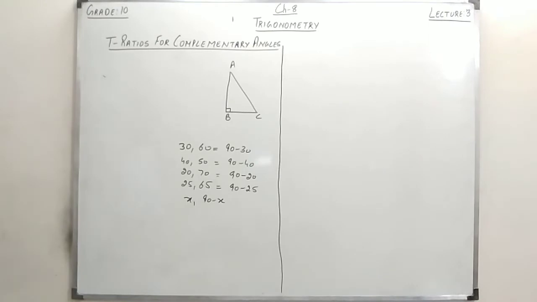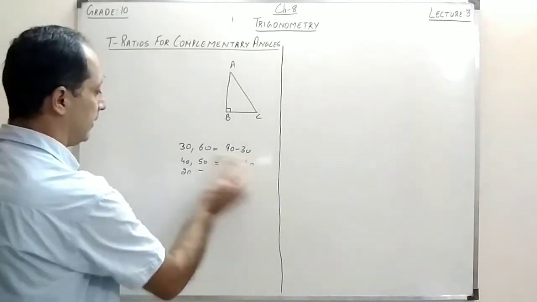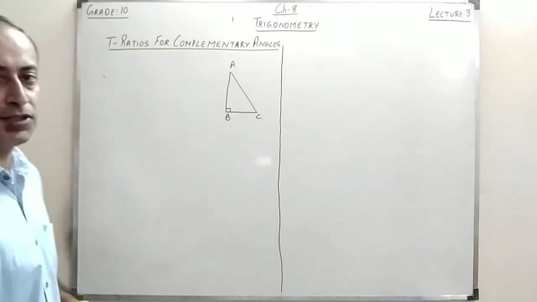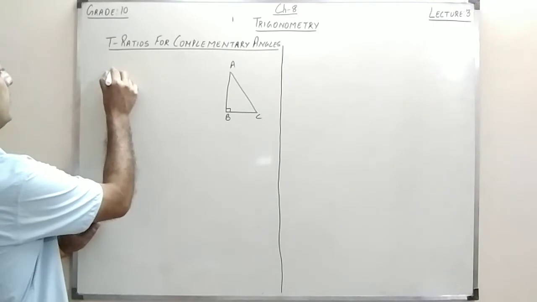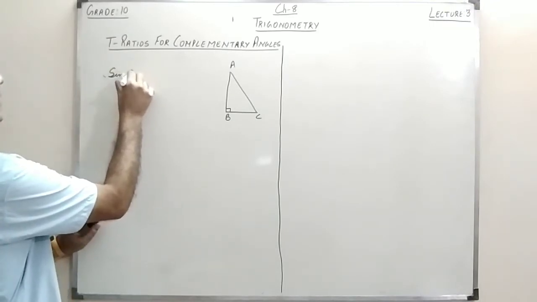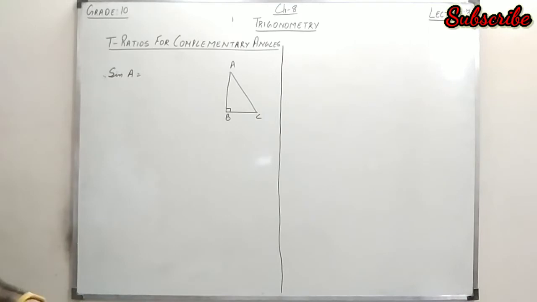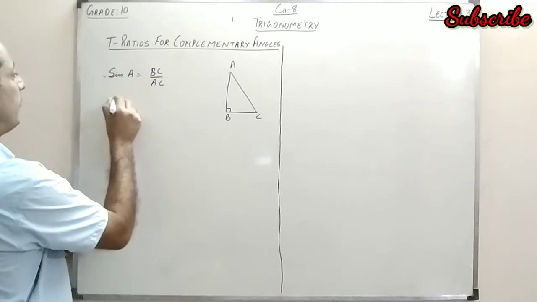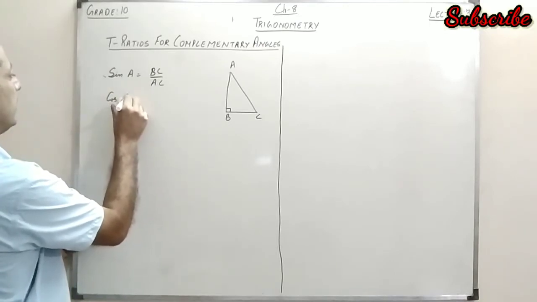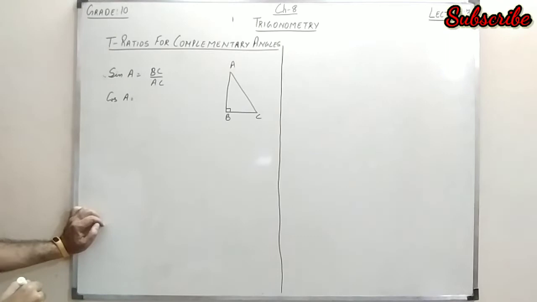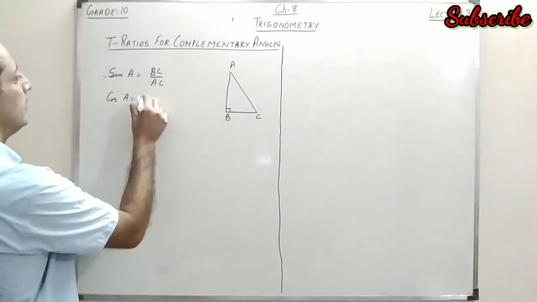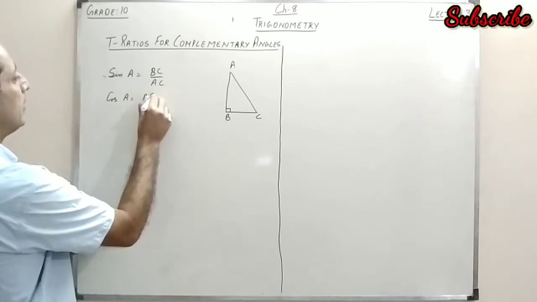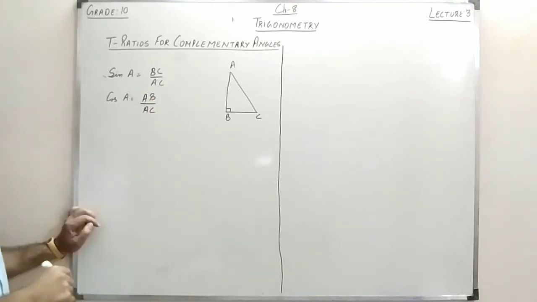Now we'll derive some relations here for the complementary angles. But before that, let's go back to what we discussed in the first lecture of trigonometry. Sine of angle A is opposite upon hypotenuse, so we write it as BC upon AC. Cos of angle A is adjacent upon hypotenuse, so I write AB upon AC.